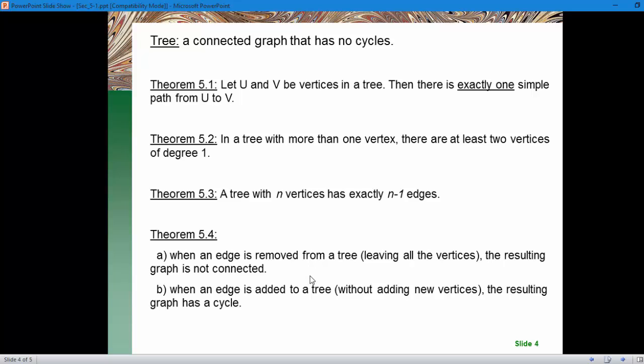And the reason that happens is because when you remove an edge, you're violating theorem 5.3. 5.3 says that if a tree has n vertices, then the tree has exactly n minus 1 edges. If you remove an edge, then you're going to have something that has n vertices but has n minus 2 edges. Well, that violates theorem 5.3. What you have now is not a tree anymore because you violate that formula.